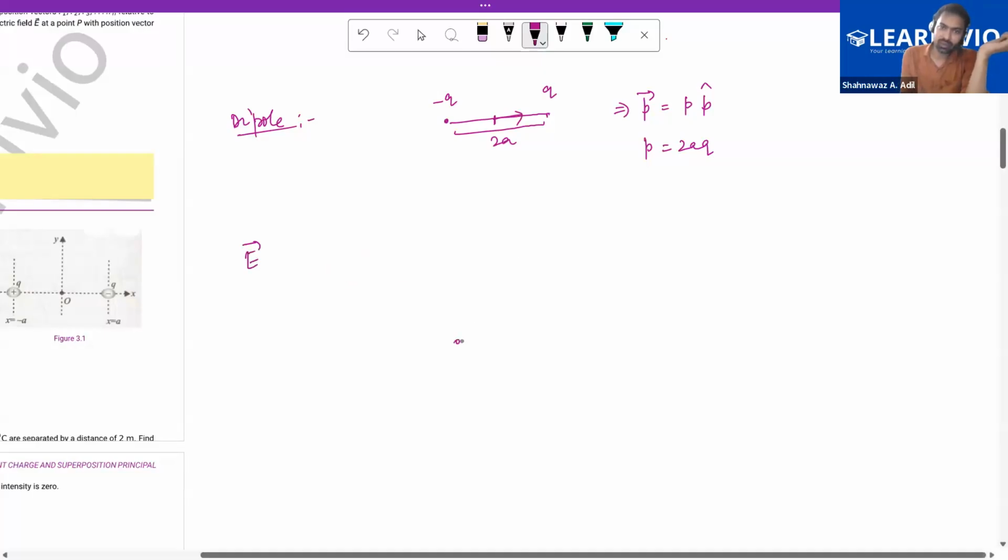So the electric field of a dipole has two points.